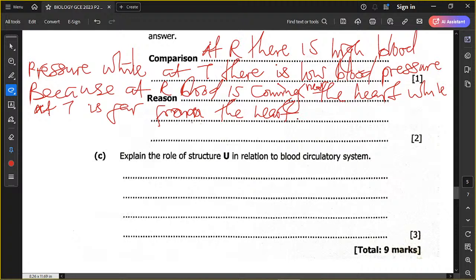In addition to this, we can also say that the arterioles have a smaller lumen, while the venules have a wider lumen. So the arterioles have a smaller lumen, meaning a small space in between.